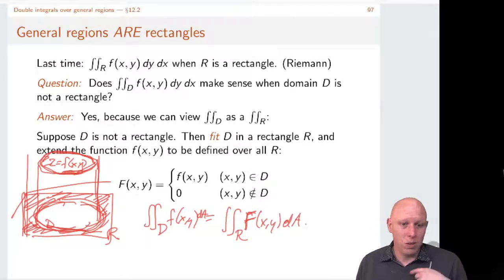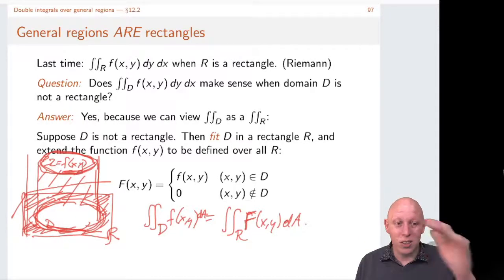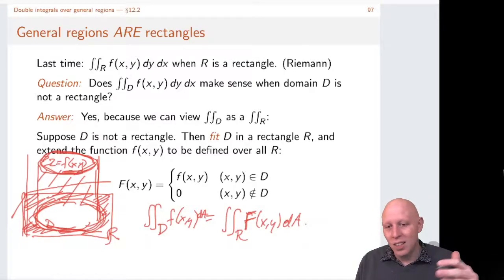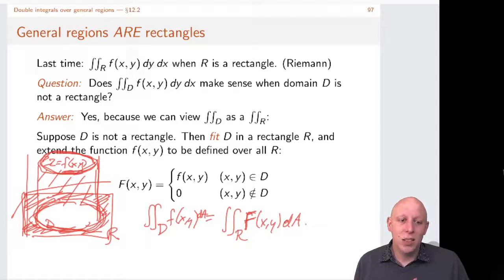Because we've now made it so the volume under our surface above D is the same as the volume under this more general function that is over the whole rectangle. So we've extended our function so it's defined over a whole rectangle. We know that integration works on a rectangle, so integration will now work on any region. Good news.